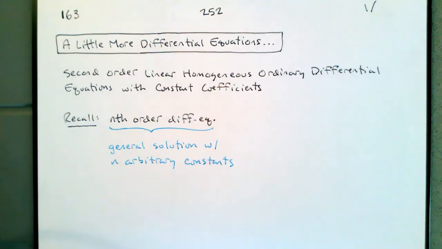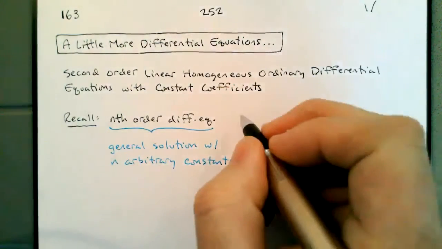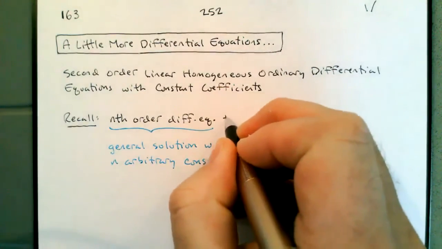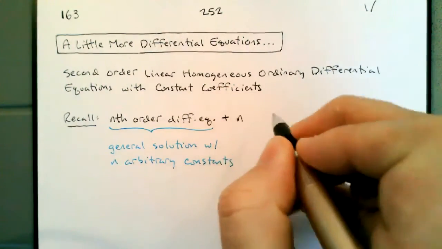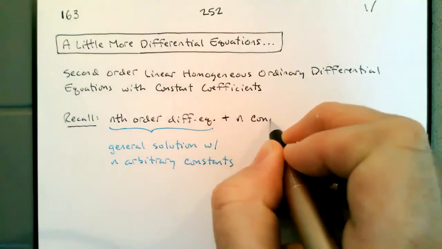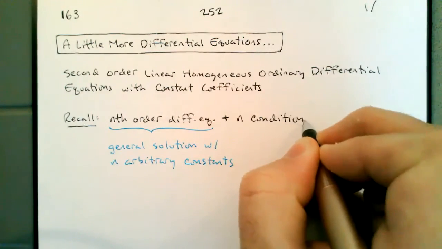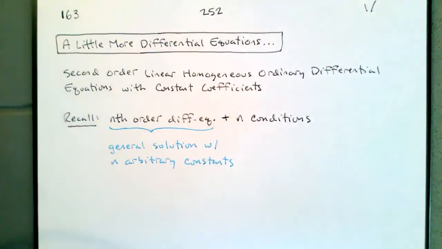If we want to solve for the arbitrary constants, then we need an initial condition. So if we add to our nth order differential equation n initial conditions, we can use the n conditions to find the arbitrary constants and get a particular solution.